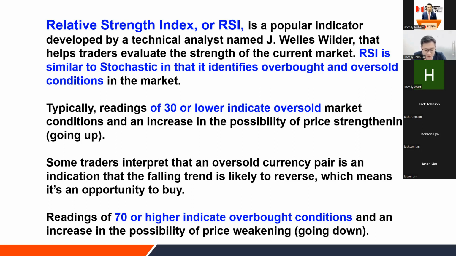If you Google it, you get this: 30 or lower indicates oversold, 70 or higher indicates overbought. But I don't want to teach you this. Why? 13 years ago, when I came to Singapore the first time, our company in China was already 24 years old.